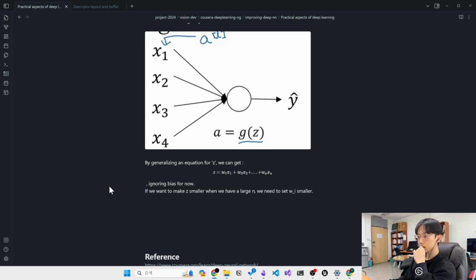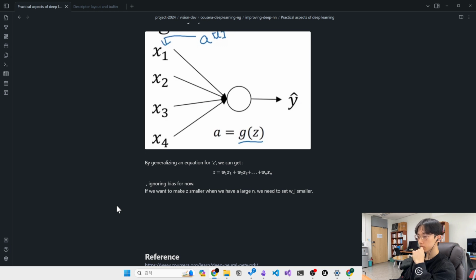And then times the square root of 1 over the number of features that are fed into each neuron in layer L. So it's going to be n of L minus 1, because that's the number of units that are feeding into each of the units in layer L.